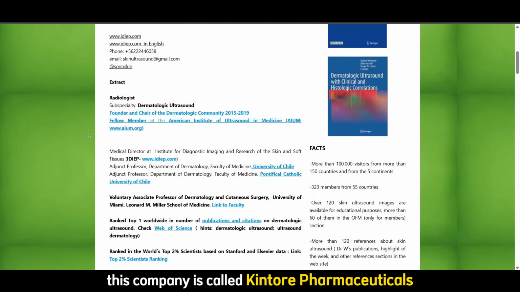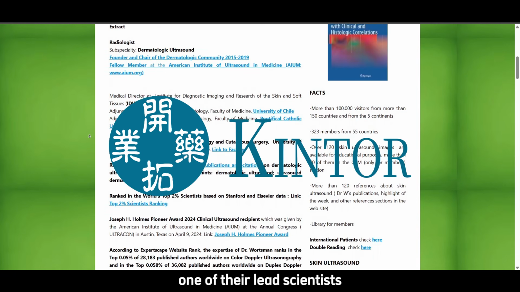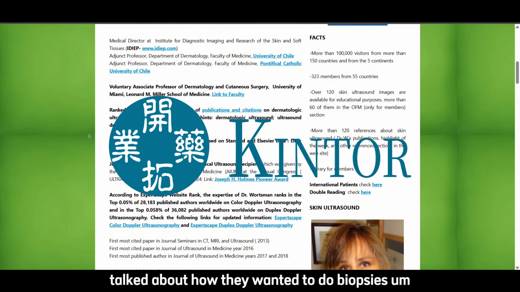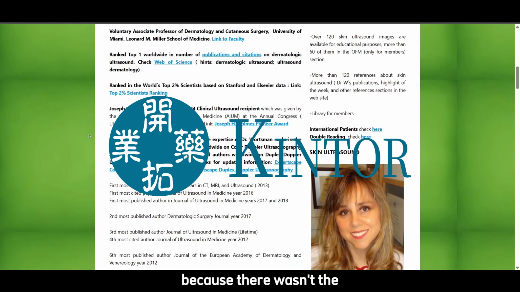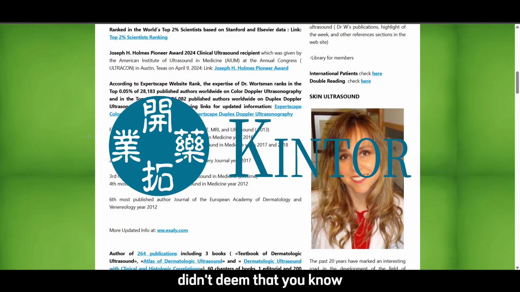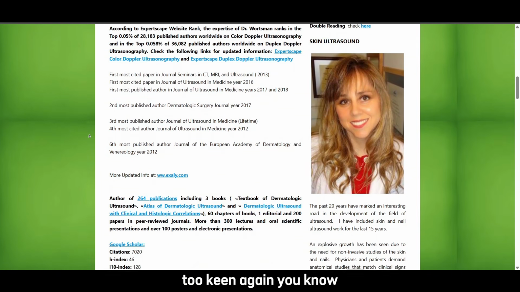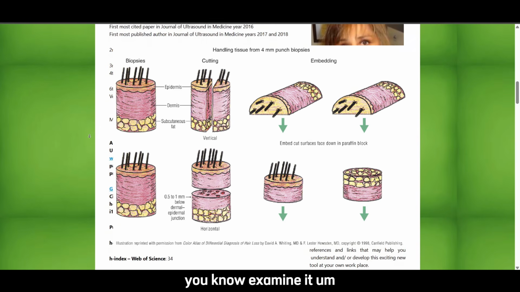This company is called Kintor Pharmaceuticals. And they said one of their lead scientists talked about how they wanted to do biopsies, but I guess they didn't get the chance to do so because the investigators in the clinical trial didn't deem that appropriate. Along with some of the patients, they weren't too keen. Again, having someone just cut out a chunk of their scalp and examine it.